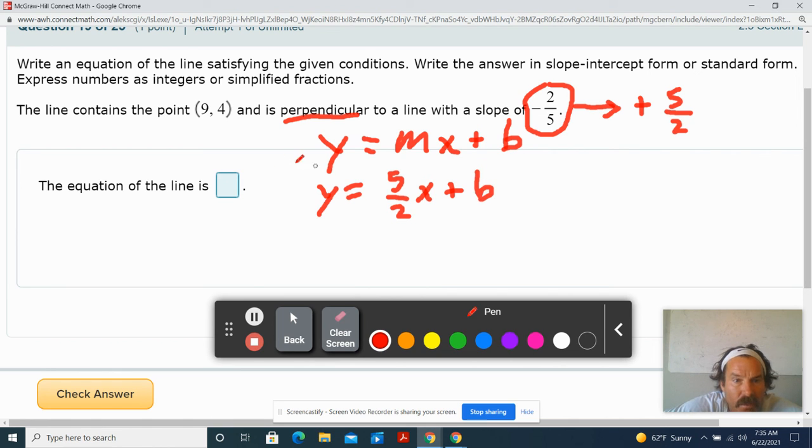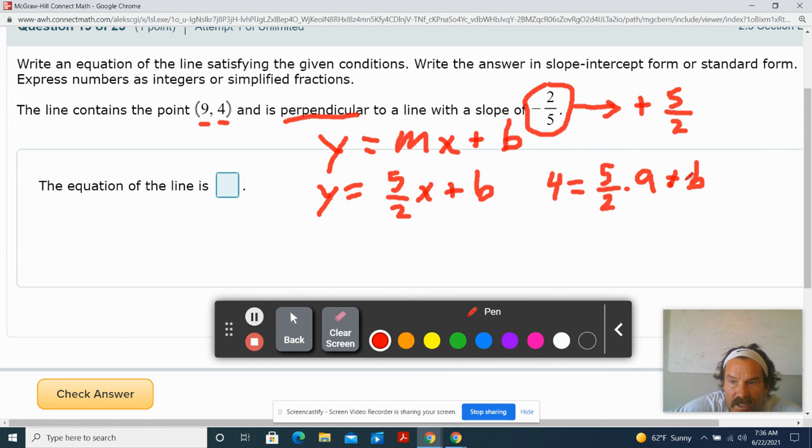And now we use the fact that they give us this point. That 9 is an x, that 4 is a y. So I'm going to put 4 in for y, and I'm going to put 9 in for x. Okay, this is plus b.